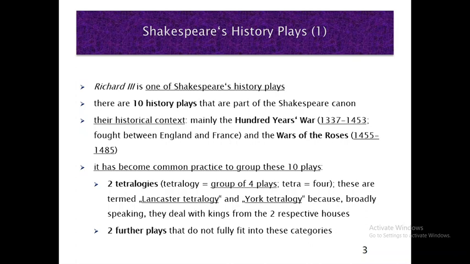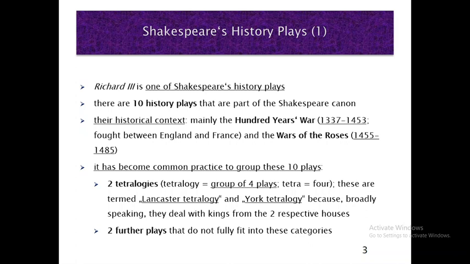Tetralogy basically means a group of 4 plays. Tetra means 4. And they are termed Lancaster tetralogy and York tetralogy, if we generalize a bit, simply because they deal with kings from the 2 respective houses.